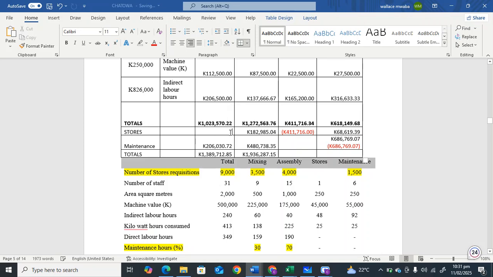For mixing department, they've got 3,500 store requisitions out of a total of 9,000 store requisitions.